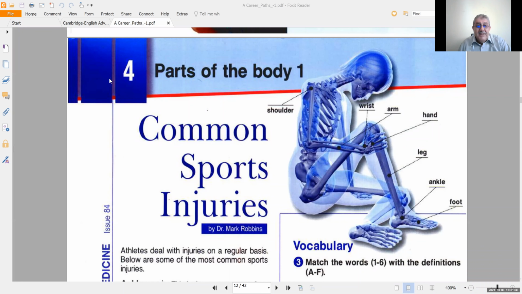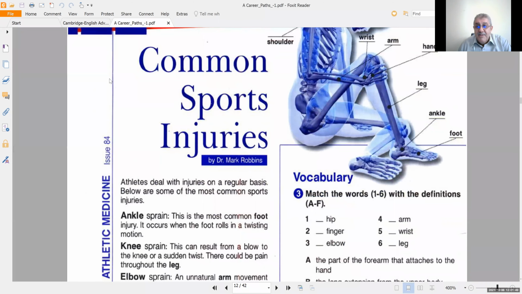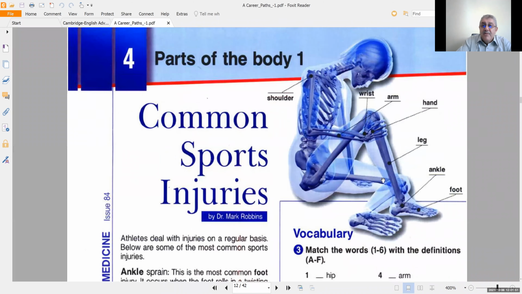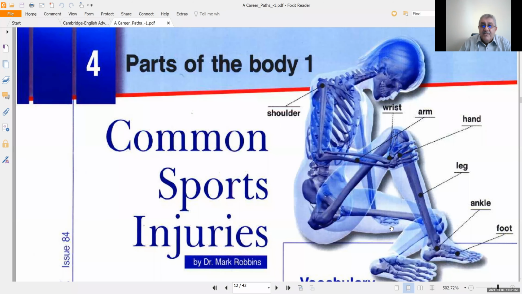So the first one, we are going to listen to Dr. Mark Robbins, and he's going to describe some of the parts of the body, as you can see here from the graph in front of you. So we have the shoulder, the wrist, the arm, the hand, the leg, the ankle, and the foot.